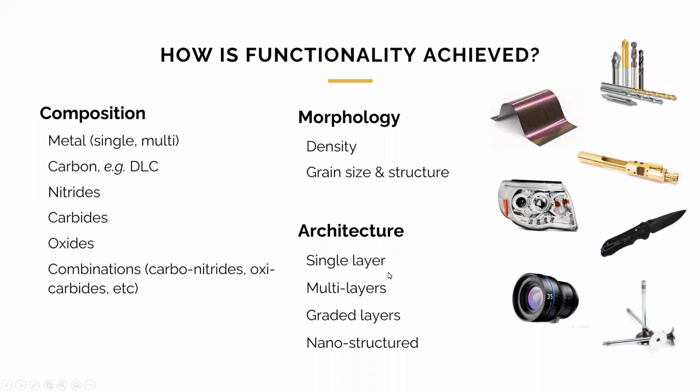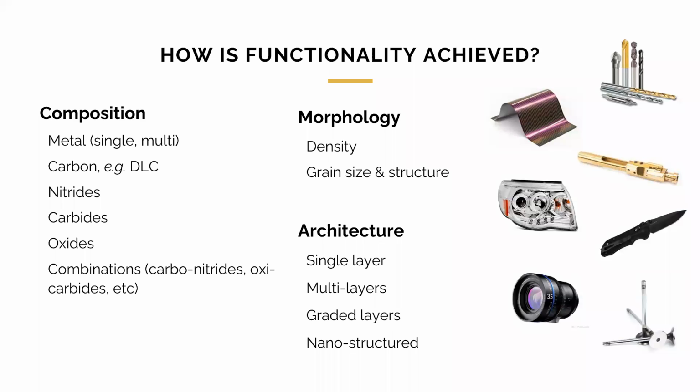With regards to the functionality, how is it achieved? Again, it's not just the composition, which is the more obvious thing that we associate with the properties of the film. I have that on the left-hand side. It can be just a metal. An example of that, you can have titanium being applied to some types of implants. You have carbon, which is diamond-like carbon.